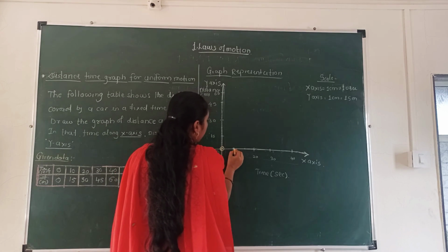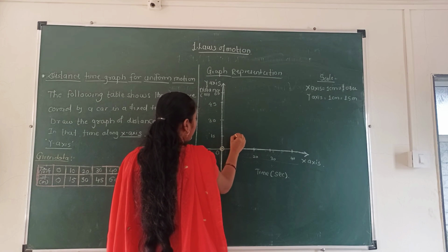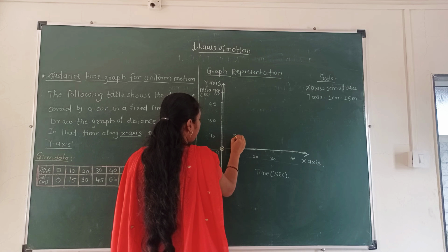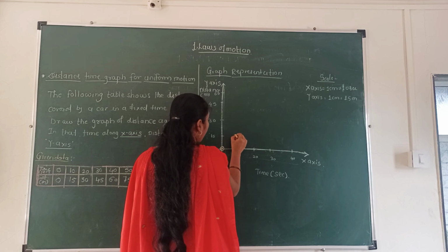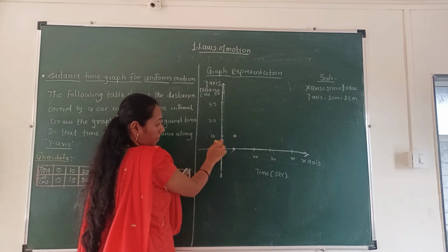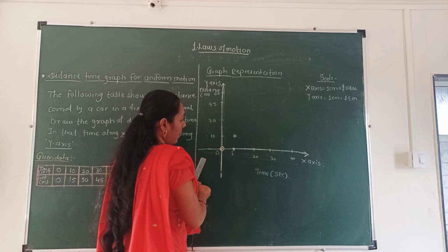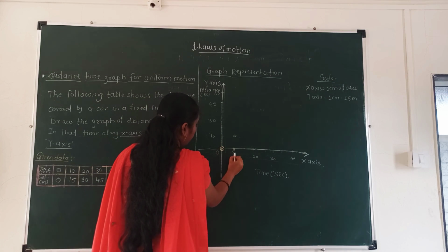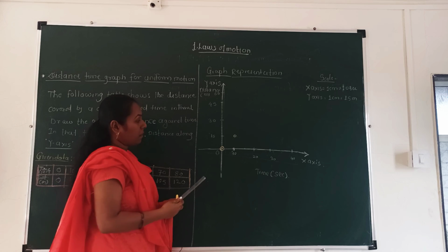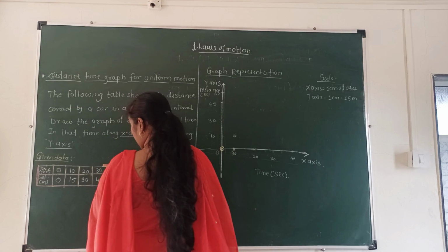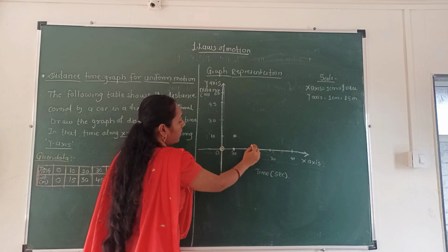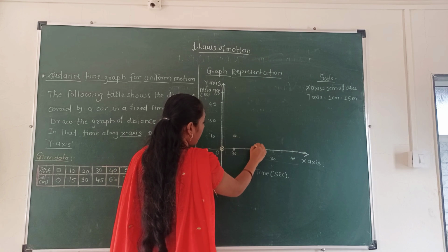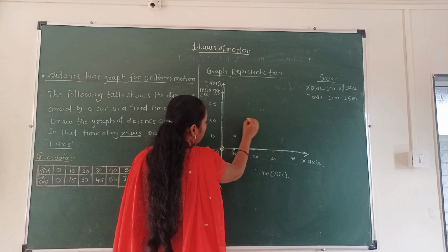See, the second point is 10 centimeter and 15 centimeter. See, here is the 10 on the x-axis, and the distance for 10 seconds is 15 meters. The second point is 20 and 30. Here is the 20 and here is the 30.